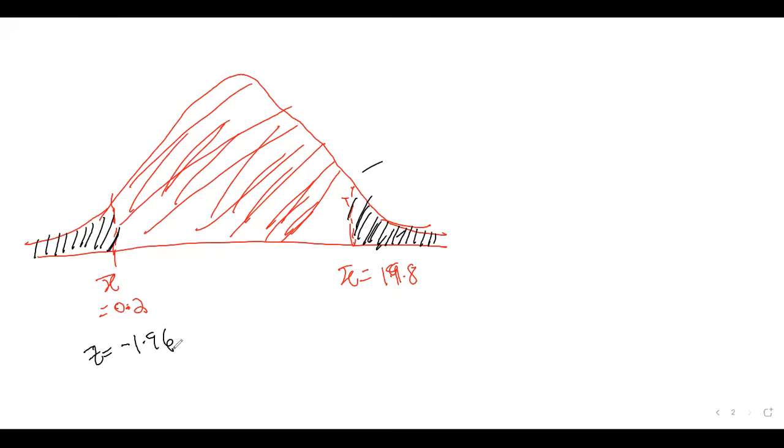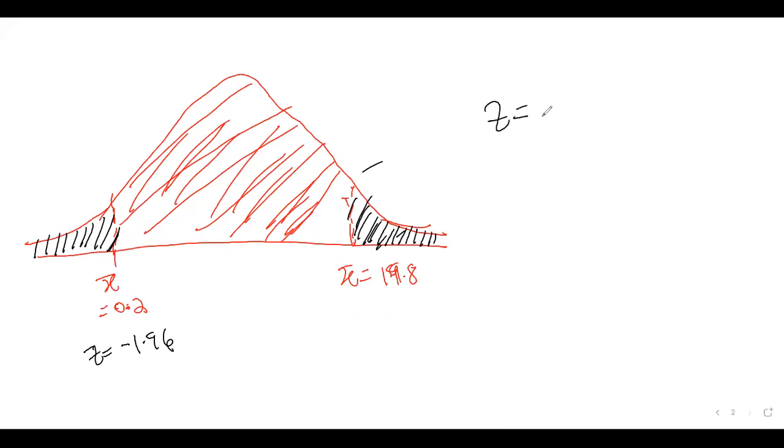So what it means is that if I compute the z-value of 0.2, I should get negative 1.96, all right? We can test that and see.